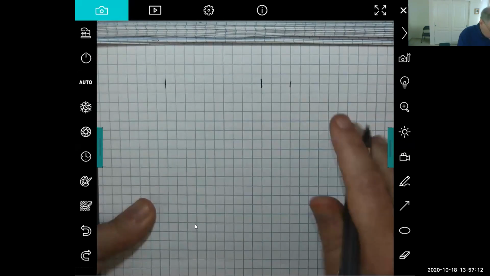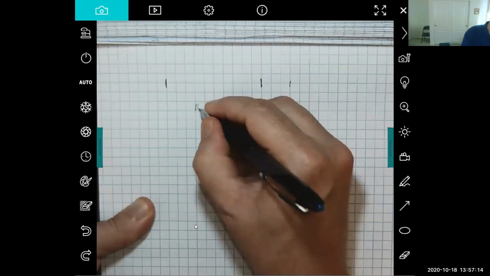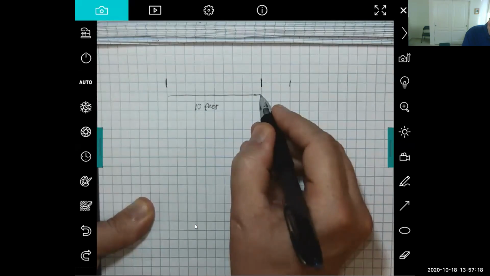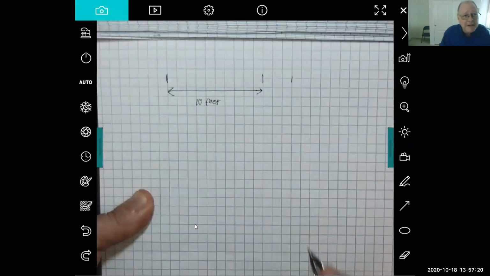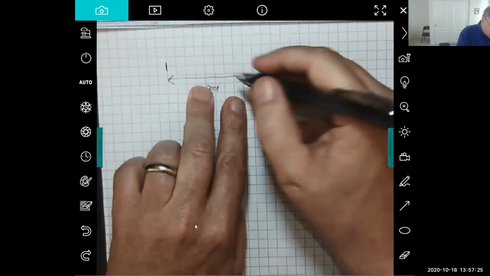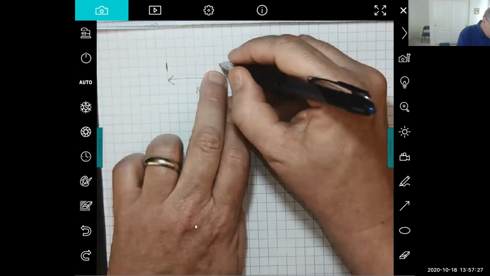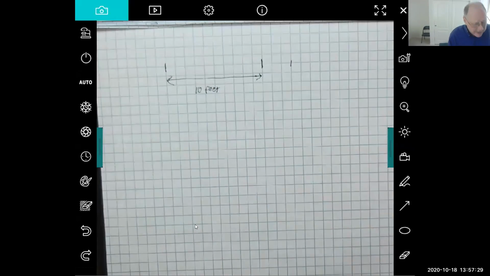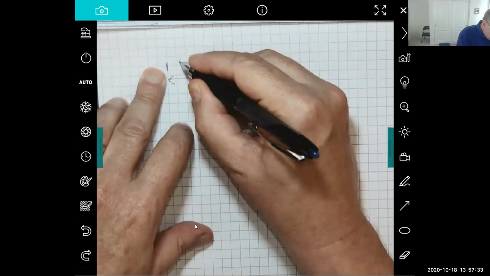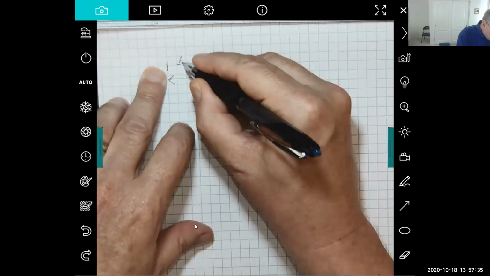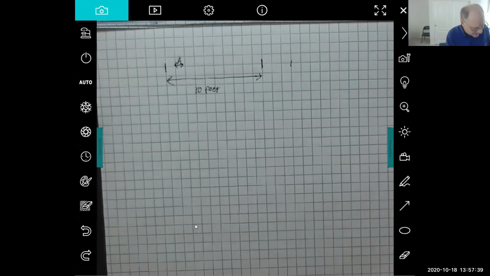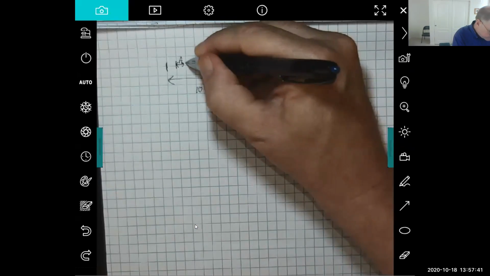So here's my blackboard. Ten feet across. I throw the ball. Well, first let me ask, what's the probability of the ball falling there in that little strip A?